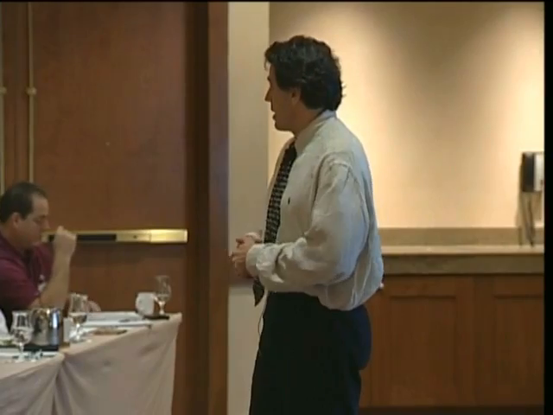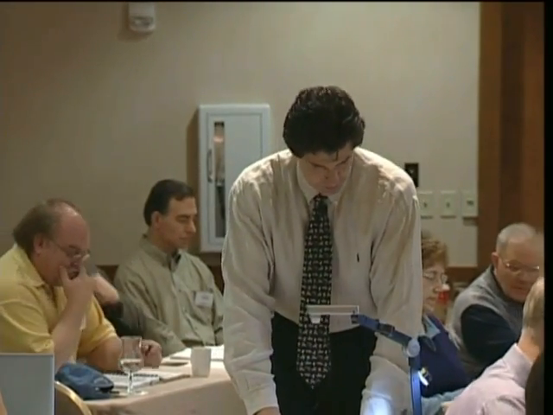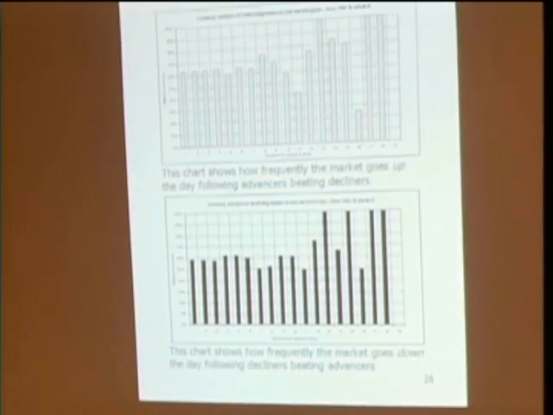I had data going back to 78, so I had about 20 years' worth of data. And sure enough, I was pleasantly surprised at the result. If you turn to page 28 in your manual, here we go.